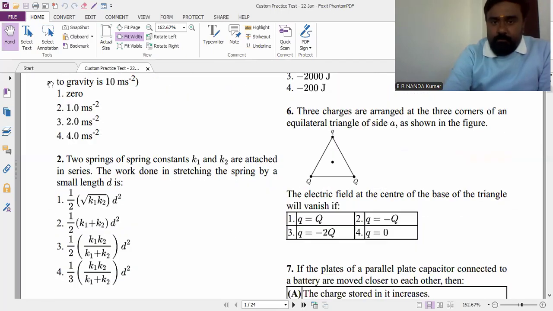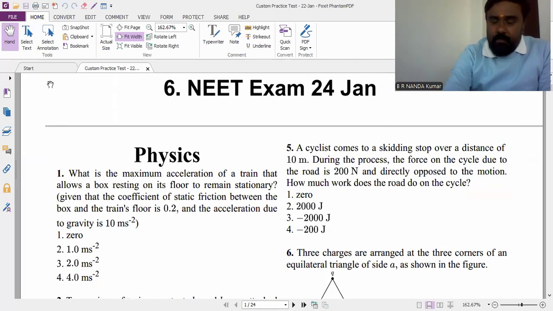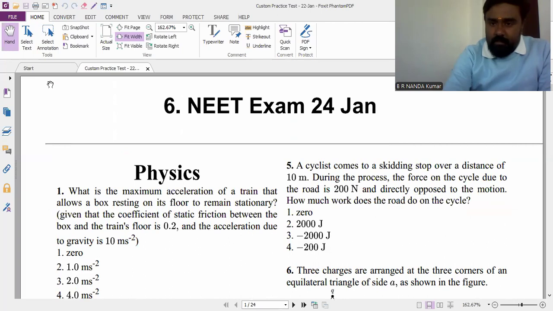Next question number 5. A cyclist comes to a skidding stop over a distance of 10 meter. During the process, the force on the cycle due to the road is 200 Newton. So displacement is given, force is given. Directly opposite to the motion means the angle between the displacement vector and force vector is 180 degree.